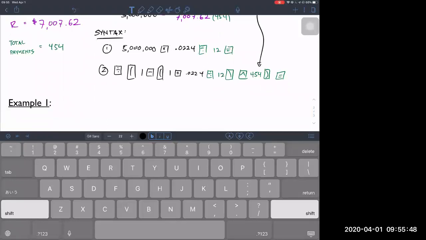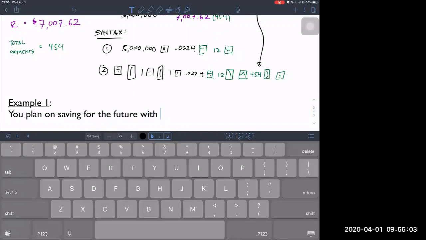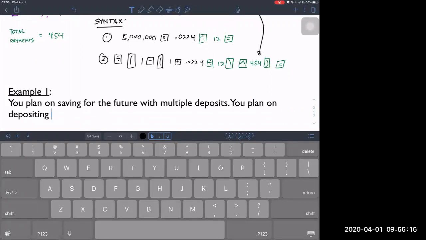So say you have something like this. Let's say, multiple deposits. Depositing, what's today's date? Oh, that's right, April Fools.